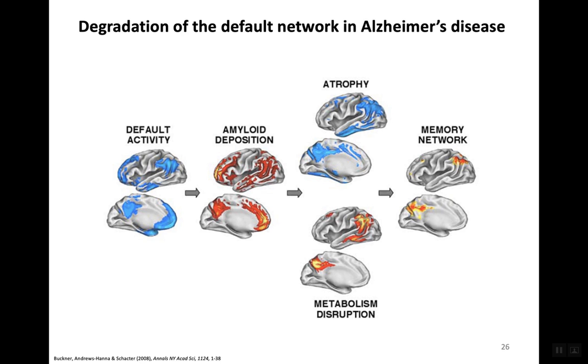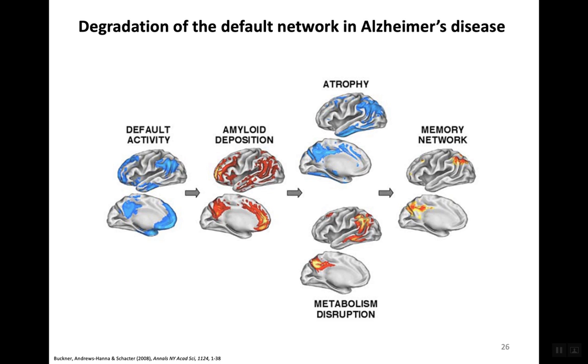The plaques form, they disrupt the connectivity between neurons, they disrupt the access to resources for those neurons. And as a result of that, we see large numbers of cortical areas being compromised.